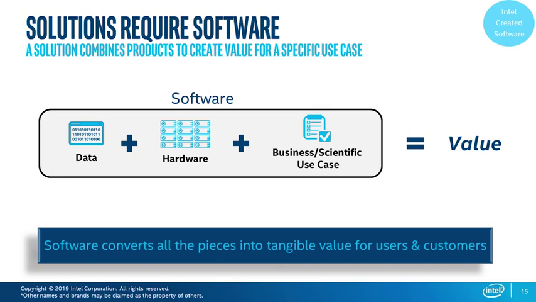So you're applying software towards the data to be fed into the system, which is applied to that very specific use case. And that's where you get value. It's incredibly important to make sure we tie all this together and that you actually get that optimized performance, because the hardware by itself is not going to deliver value for your customers. So we really need to look at how software converts all these pieces into tangible value for the users and the customers.